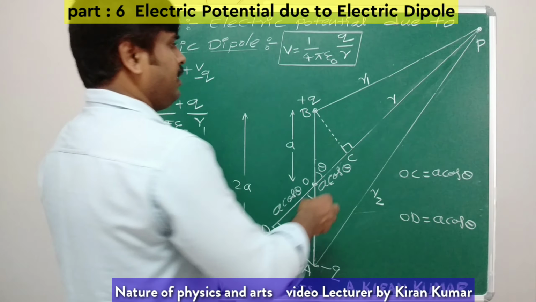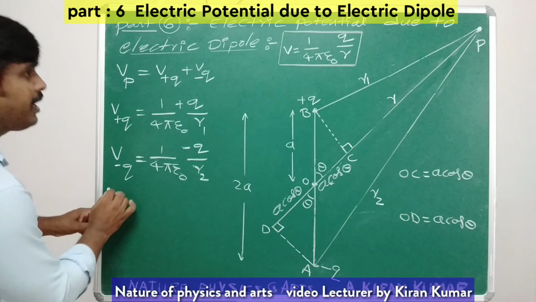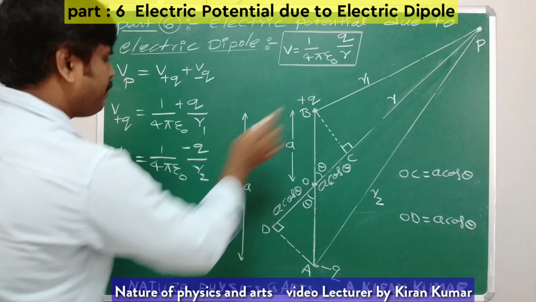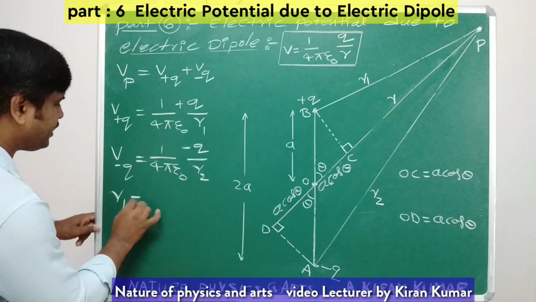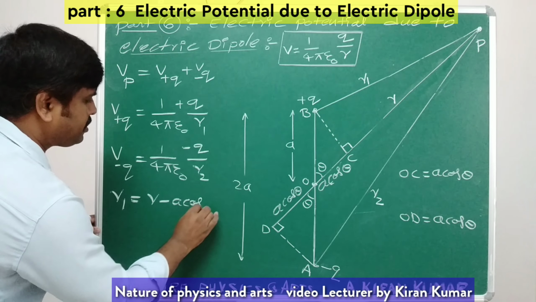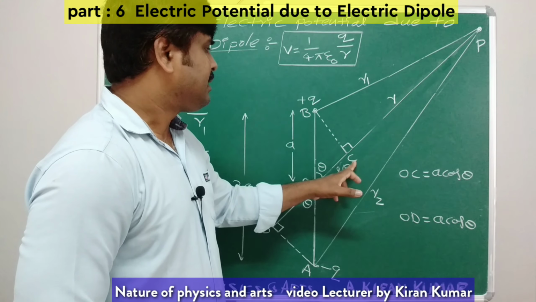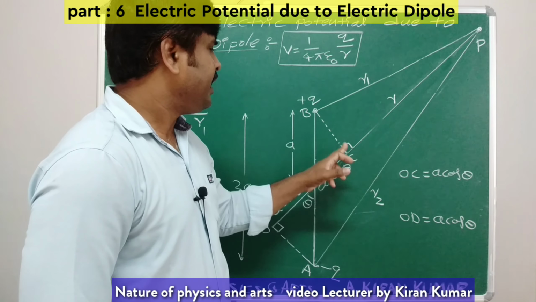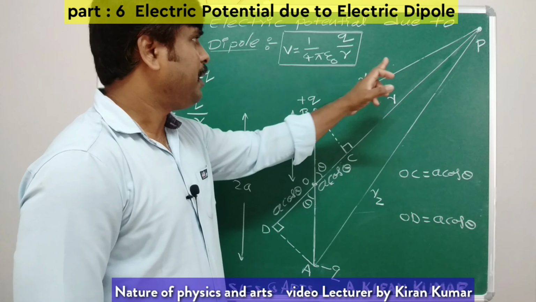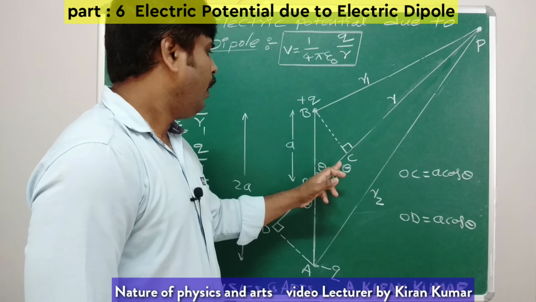For the R1 value, R1 is taken as BP. So BP, which is R1, equals R minus a cos theta. Try to understand: CP is approximately equal to BP, and we need the BP value, that's why it is OP minus OC.